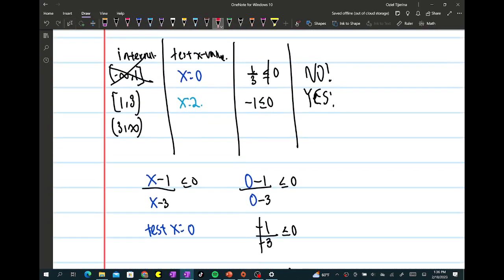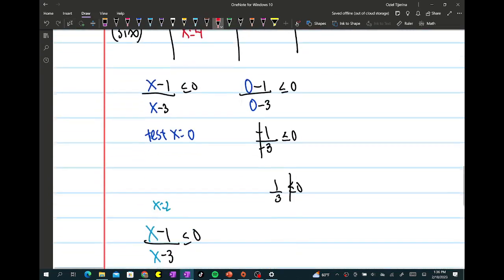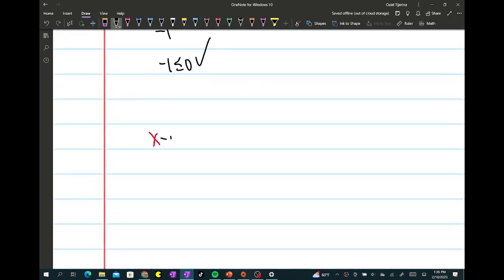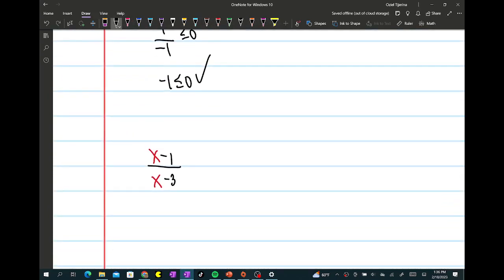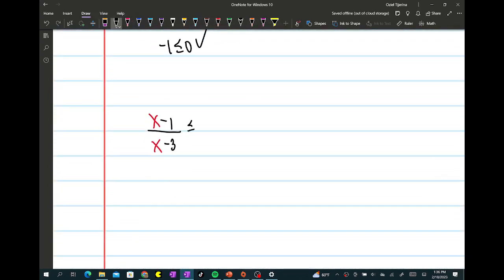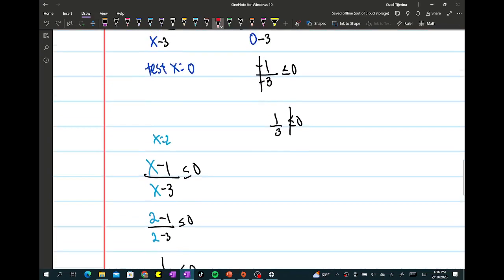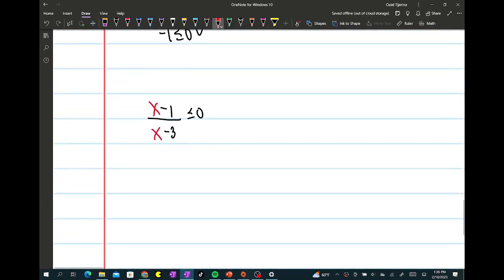So if I do x equals 4, I'm going to rewrite my inequality: x minus 1 over x minus 3 is less than or equal to 0. When x equals 4, I have 4 minus 1 over 4 minus 3 is less than or equal to 0.